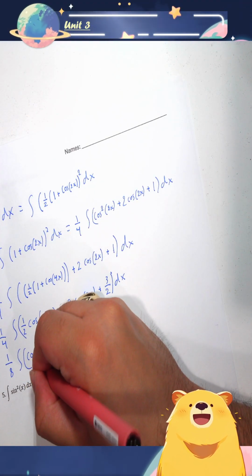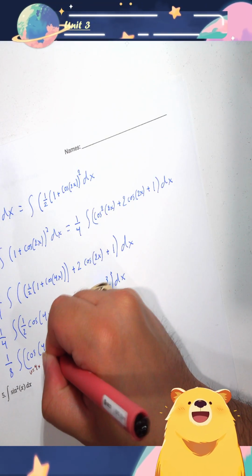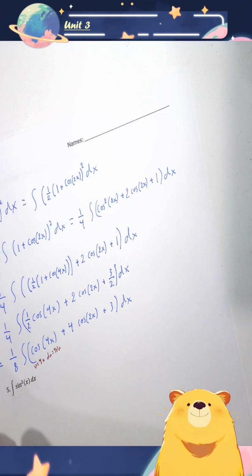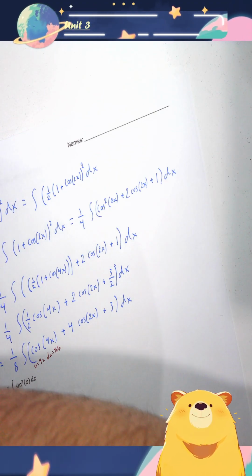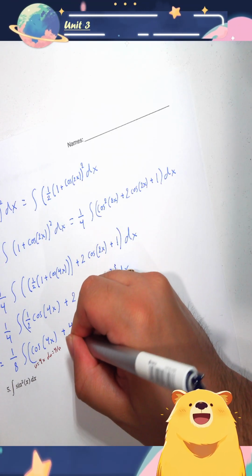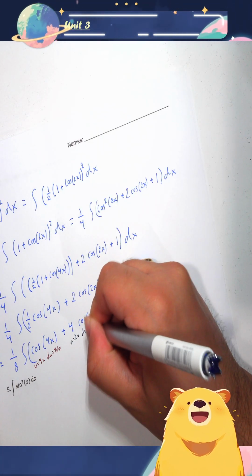Let u be 4x. So du is 4dx, and then in a similar way, this one you're going to pick u to be 2x, so du is 2dx.